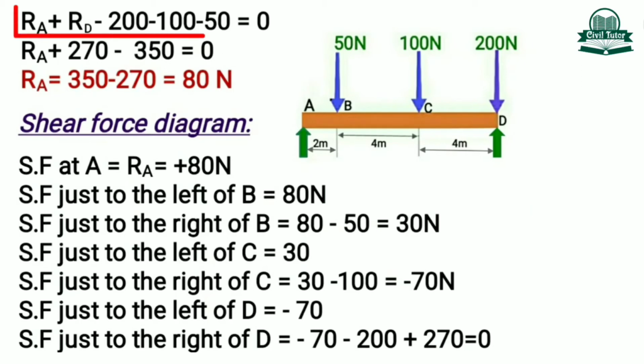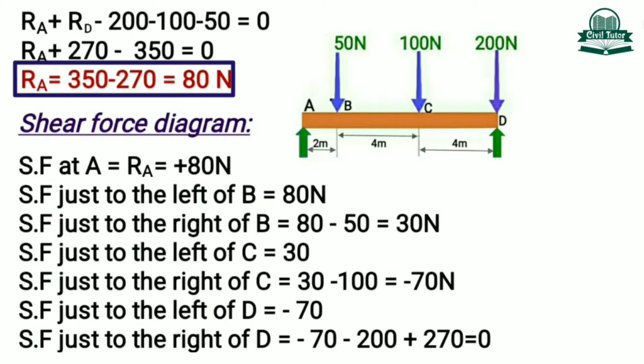So we have support reaction RA plus support reaction RD minus 200 Newton minus 100 Newton minus 50 Newton equal to 0. And by substituting the value of RD, we will get the value of support reaction RA equal to 80 Newton.